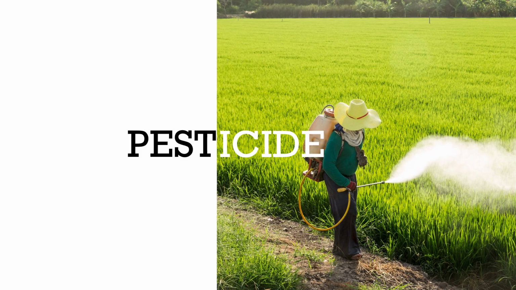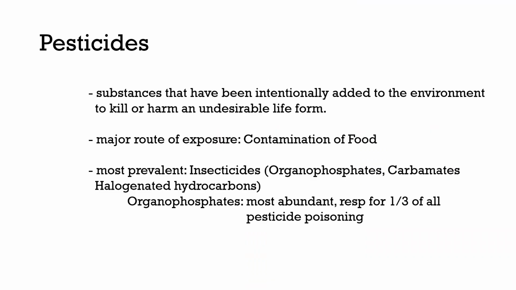Next is going to be ang mga pesticides. So pesticides, these are substances that have been intentionally added to the environment to kill or harm an undesirable life form. Okay? Ilan ang mga undesirable na mga life forms? Okay?